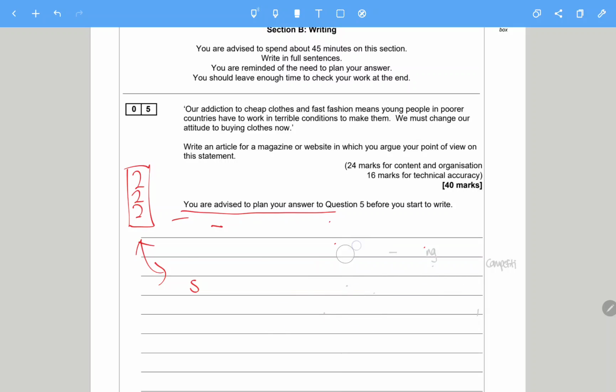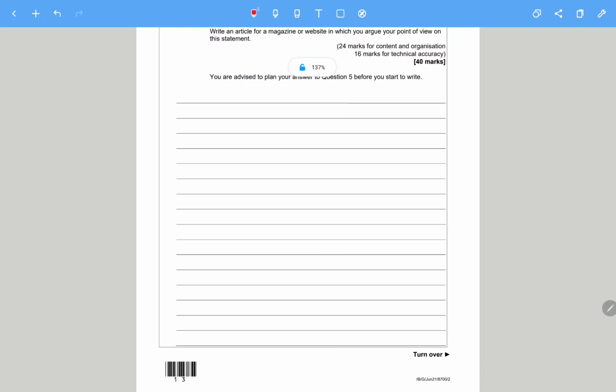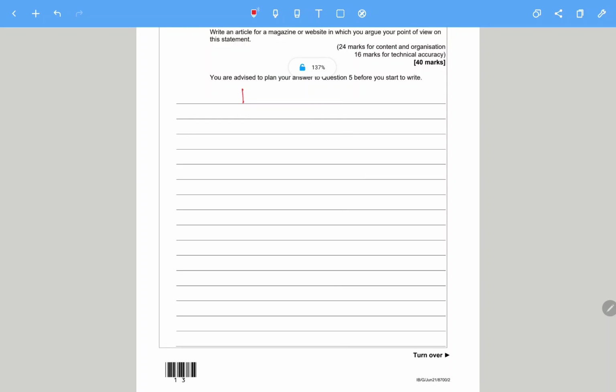So I'm just going to rub this out and we'll look at the question together. Now, as mentioned, we need a title for this question. My title for this question, remember, ideally it should be alliterative or even have a pun within the title. So my title will be the following. I'm just going to scroll down. It's going to be fast fashion. Hang on, let's write that out.